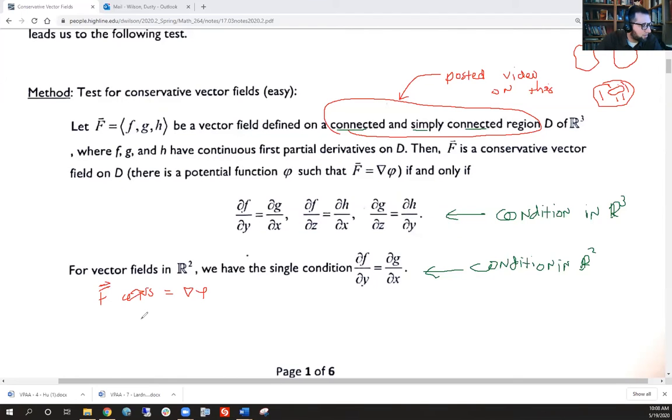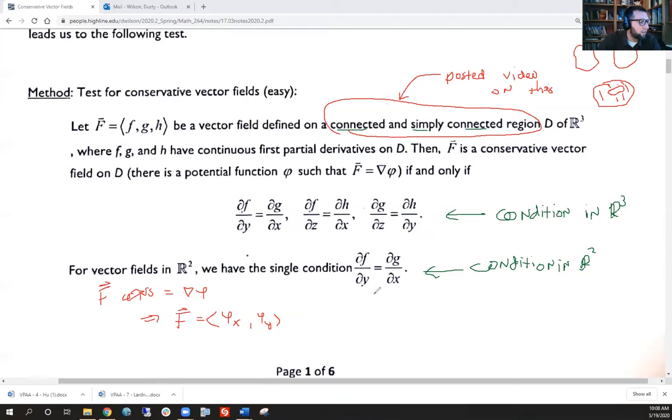And so that would be telling us that big F would be equal to the partial derivative of phi with respect to x, partial derivative of phi with respect to y. So this is how you find the gradient itself.